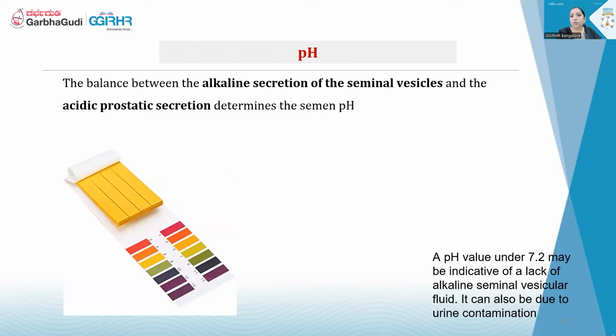So if a pH value is under 7.2, it may indicate a lack of alkaline seminal vesicular fluid, or it can also be due to urine contamination. So if the pH is under 7.2, you can assess if there is any urine contamination.